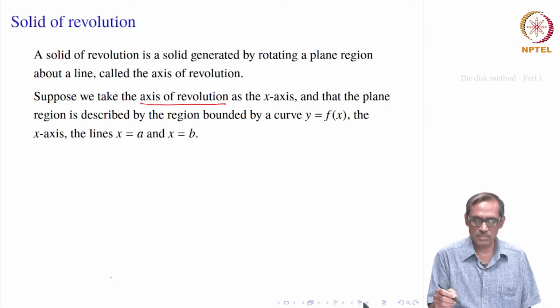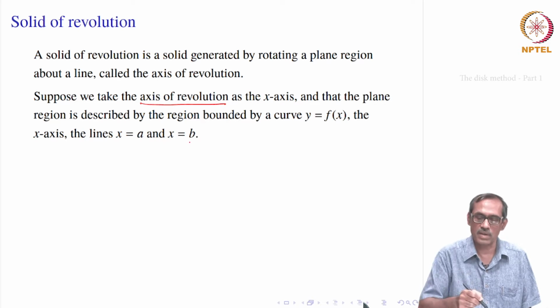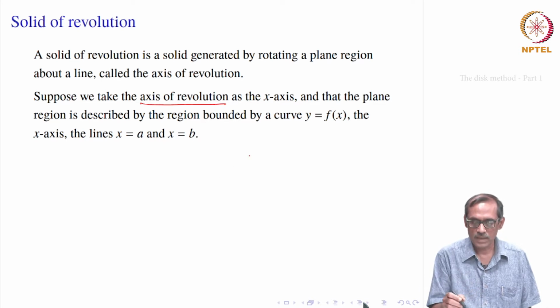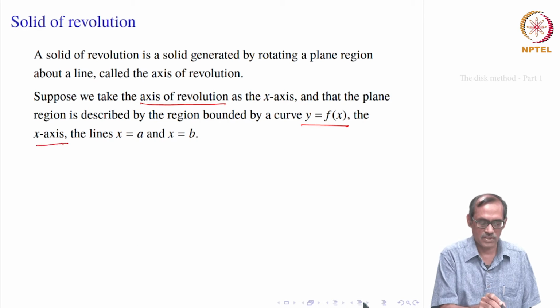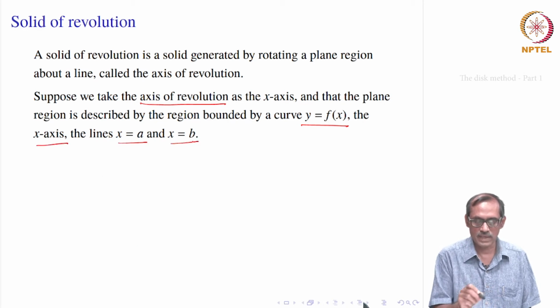To make it convenient, let us take that axis of revolution as our x axis in the plane, with a perpendicular y axis also in the plane. Suppose the planar region is bounded by a curve y equal to f of x, the x axis, and the lines x equal to a and x equal to b.